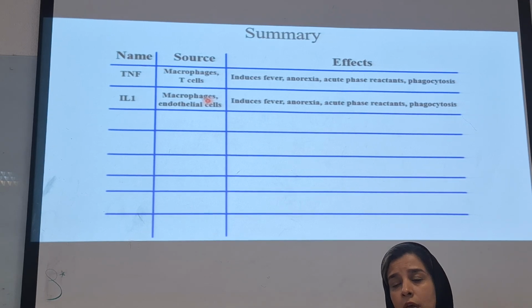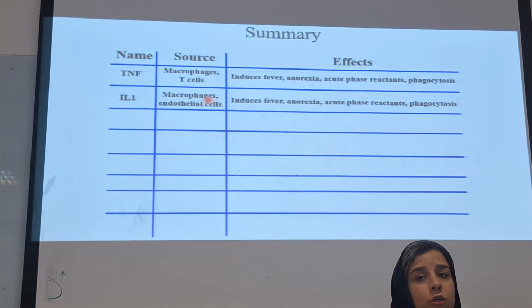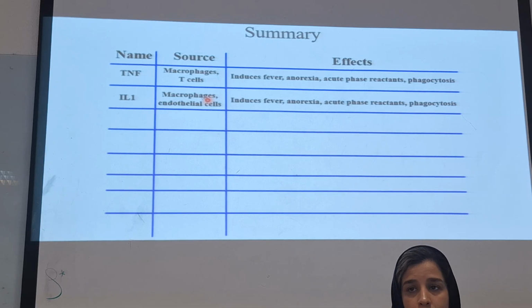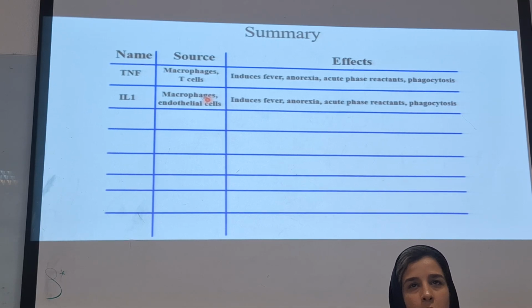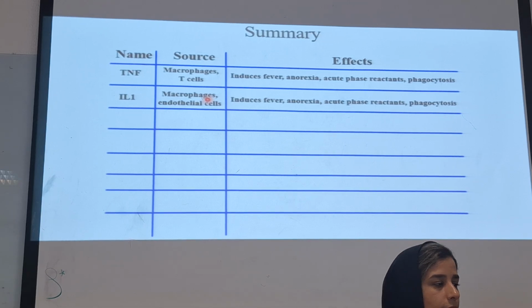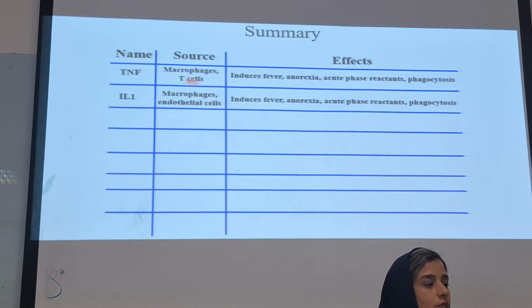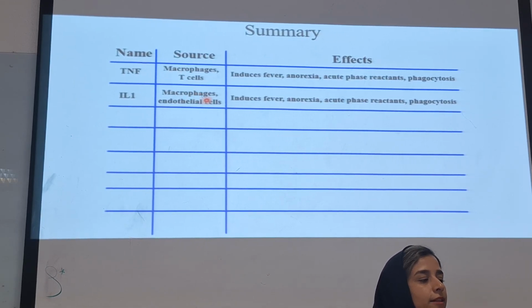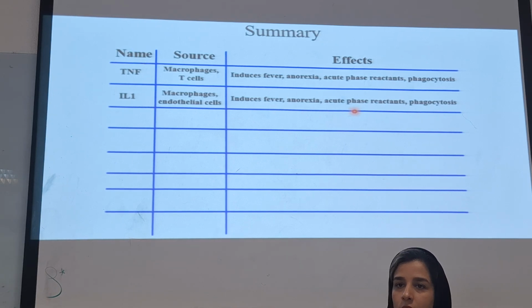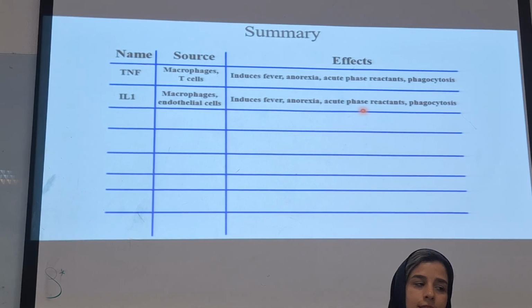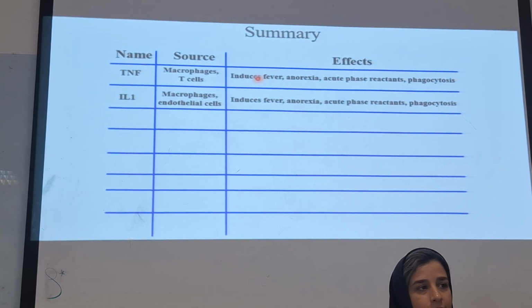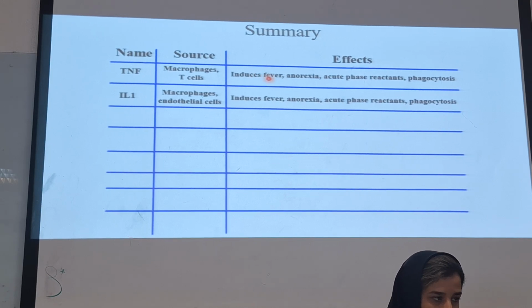These cytokines can be produced by other immune or non-immune cells in low amounts, but the main source are these cells. And the effect of interleukin-1 is the same as TNF alpha.